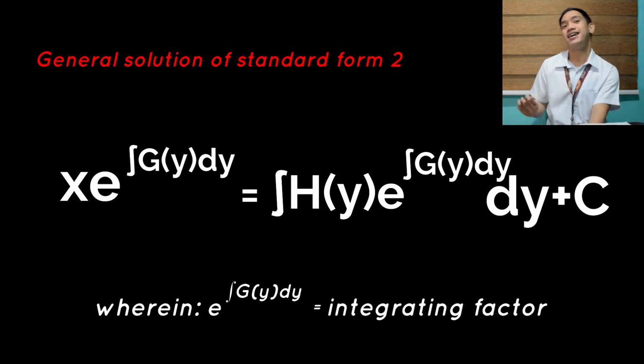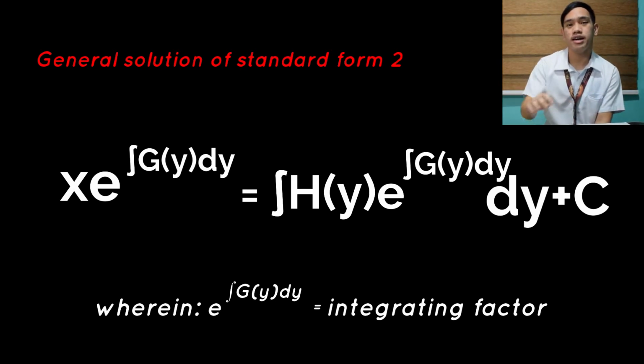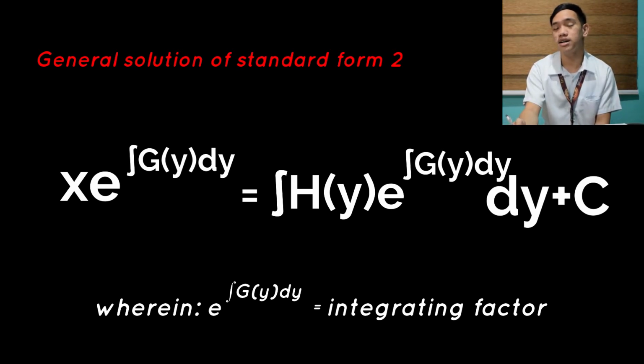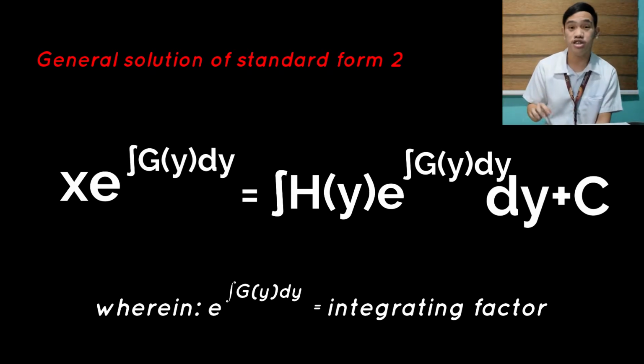Wherein e raised to integral of g of y dy is our integrating factor or in linear in x. Sa pag-solve kasi ng linear differential equation, dapat alam natin kung paano i-identify kung ano yung mga p of x, q of x, tsaka yung mga integrating factors para may apply natin yung general solution na to.